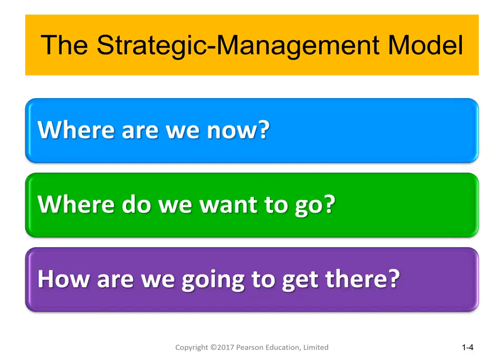So we start off by basically looking at the strategic management planning model, in terms of where are we now, where do we want to go, and how are we going to get there. These three questions are answered through the process of the strategic management model.